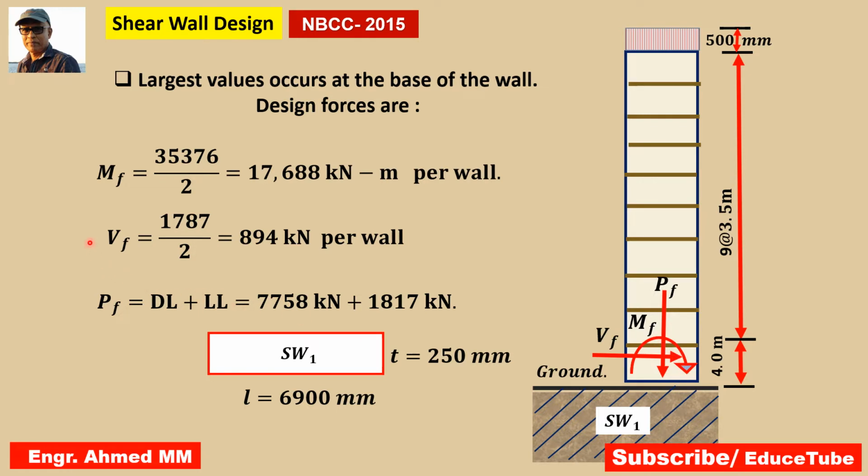Then for shear, it was 1787. Surely it will be divided by 2 to get the load per wall, and I showed it here, VF, acting like this. Then axial load. In the table, I showed dead load and live loads. So these two forces I brought, acting as a PF in this direction.